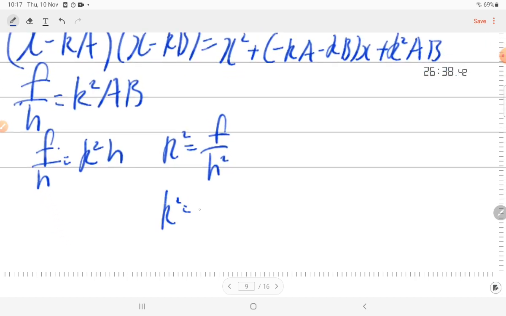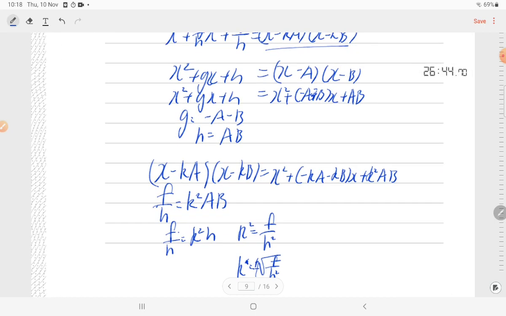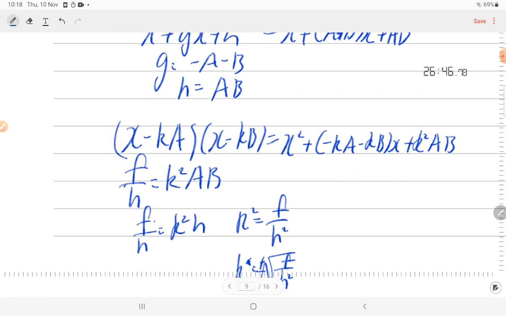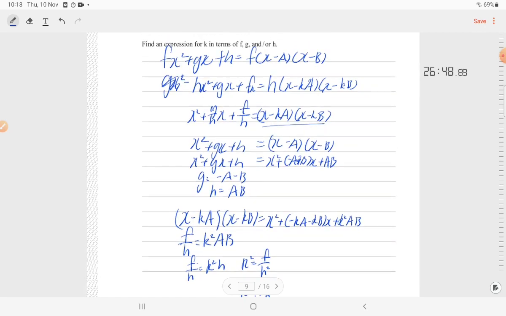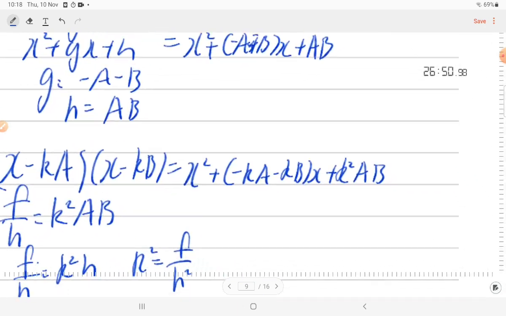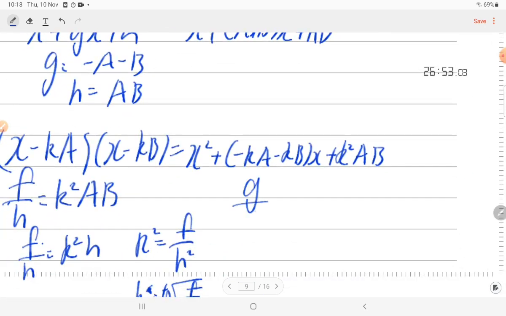Oh no, k is equal to plus minus the square root of f over h, I believe. g over h is equal to ka take away kb.